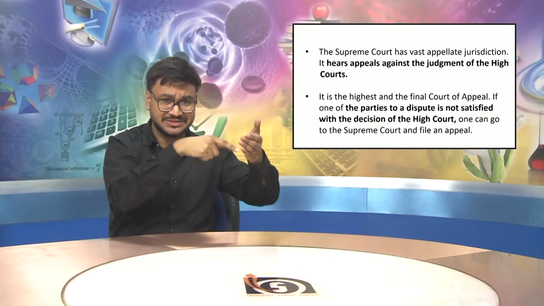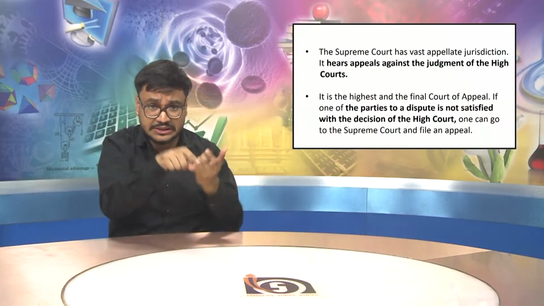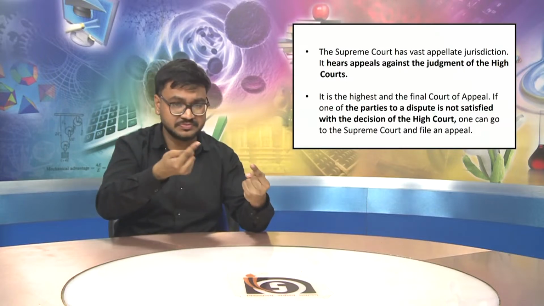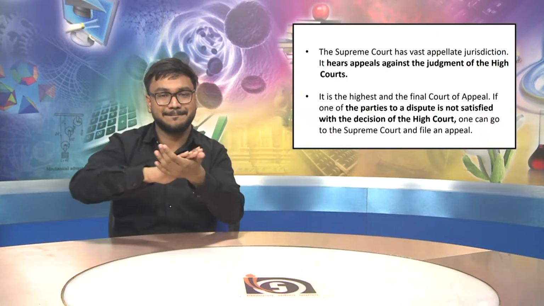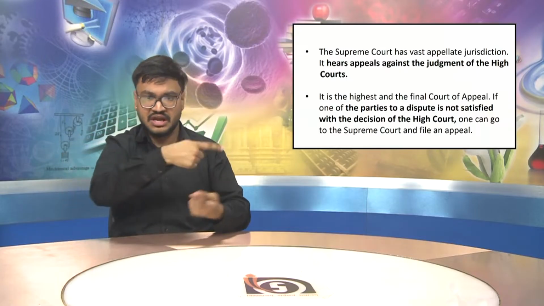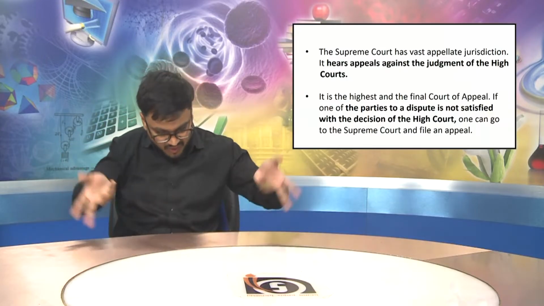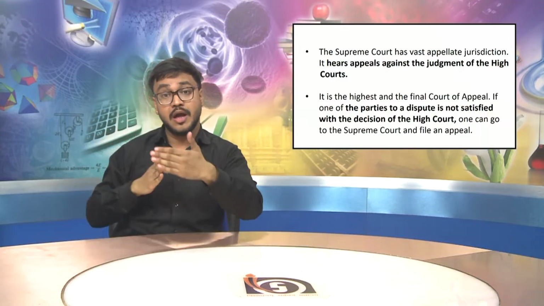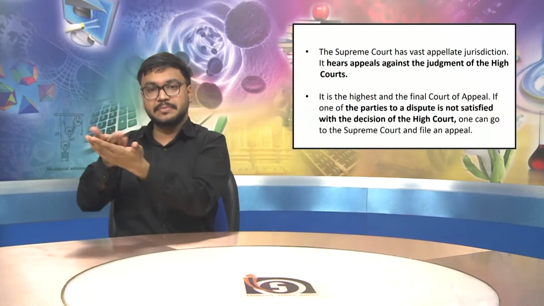It is the highest and the final court of appeal. If one of the parties to a dispute is not satisfied with the decision of the High Court, one can go to the Supreme Court and file an appeal.